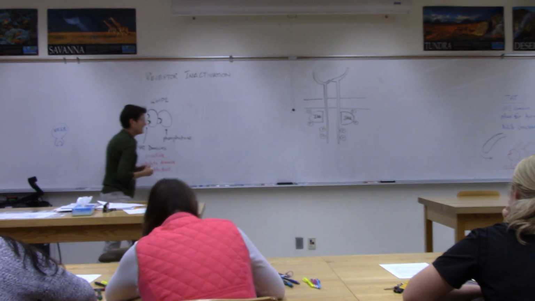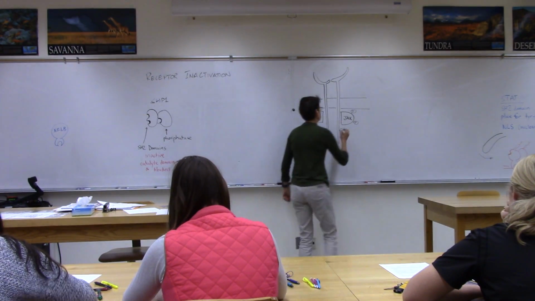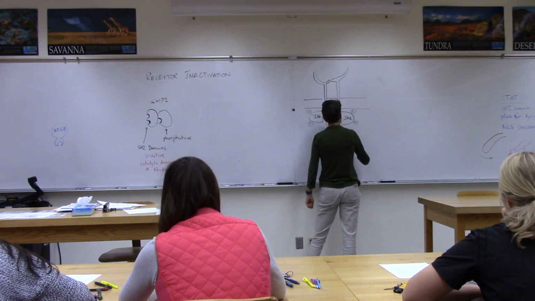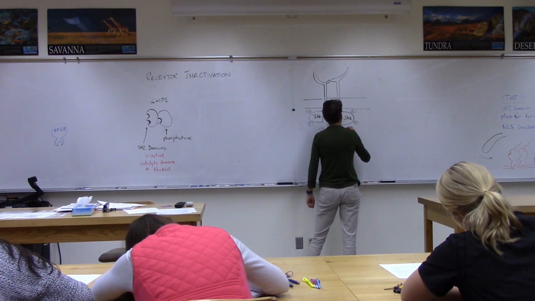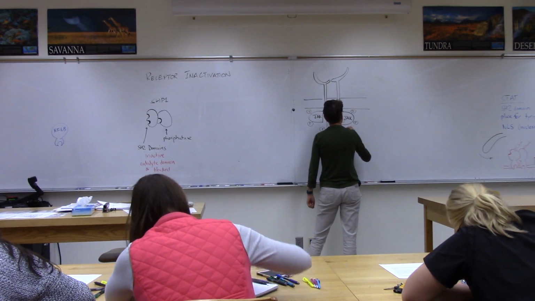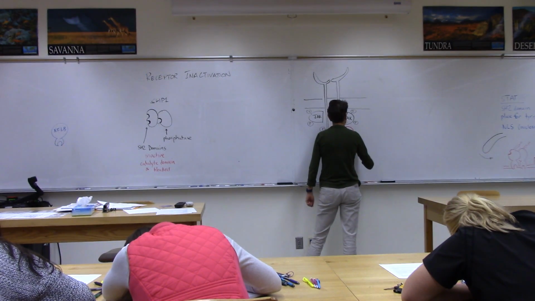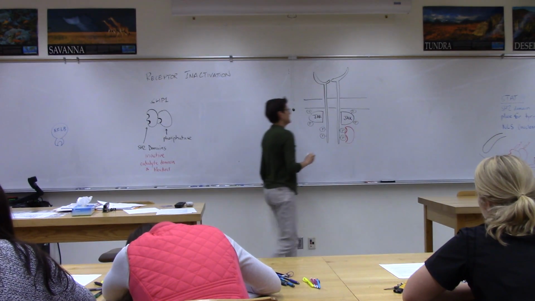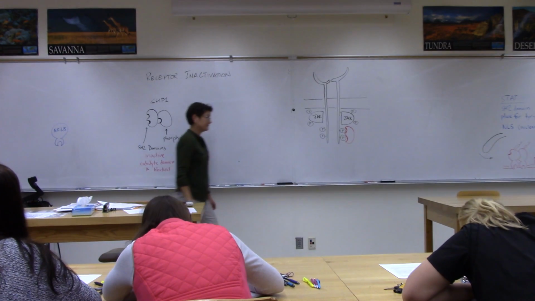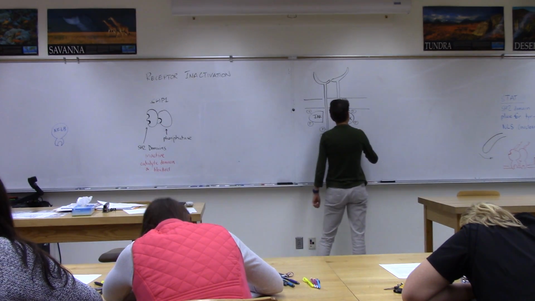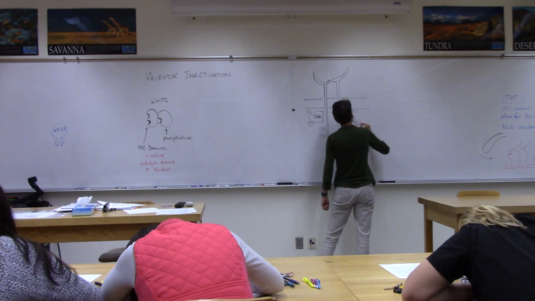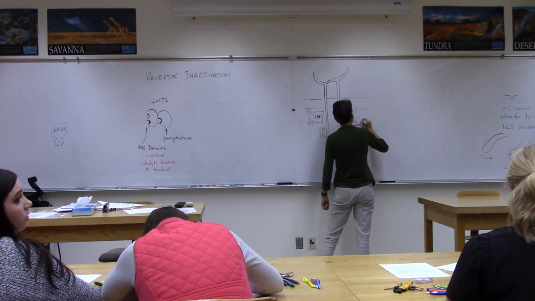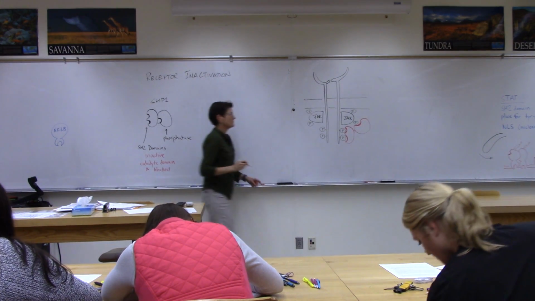But if there happens to be a receptor with some phosphorylated tyrosines on it, they will bind to the receptor, and that swings the catalytic arm so that it is active.